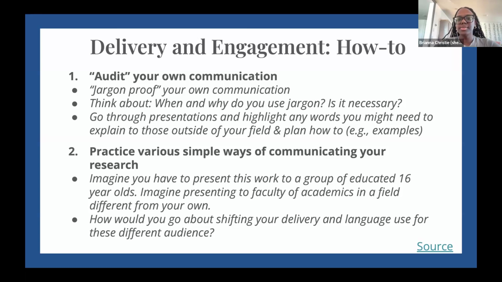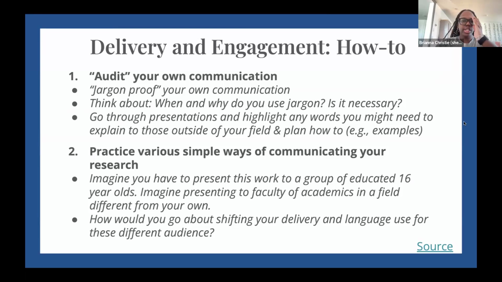The second one is more plausible for the undergraduate research conference. So think about how you might communicate to different audience members in different fields. In sum, how would you go about shifting your delivery and language use for these different audiences?